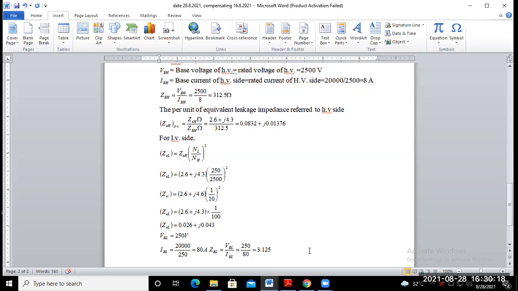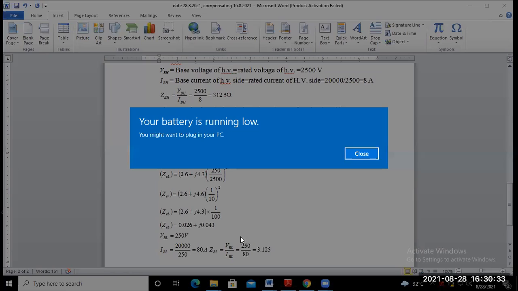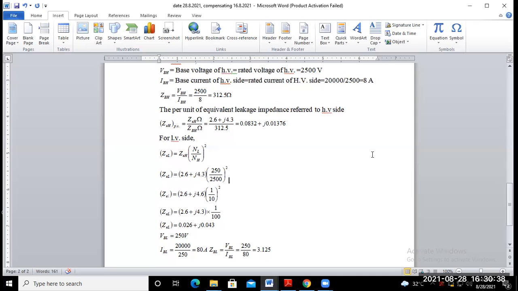Now we can find the equivalent impedance on the low voltage side in per unit, because we already found the actual value in ohm, and we already found the base impedance on the low voltage side.